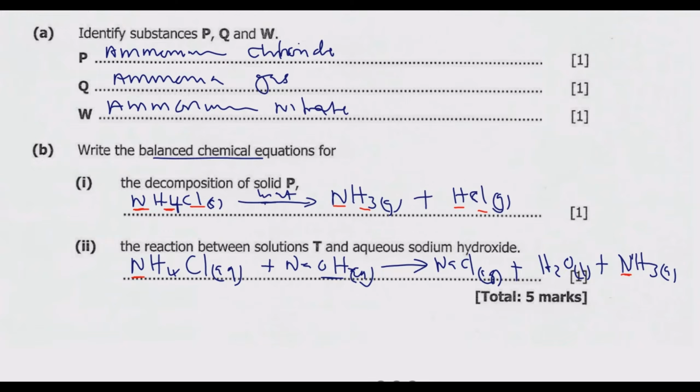We have 4 plus 1, which is 5 hydrogens on the left hand side, and also 2 plus 3, which is 5 hydrogens. So they are balanced. In terms of chlorine, we have 1 and 1, self-balanced. In terms of sodium, we have 1 and also 1. So again, this is a self-balanced equation. Once you do this, you are good to go, and you get a total of 5 marks.